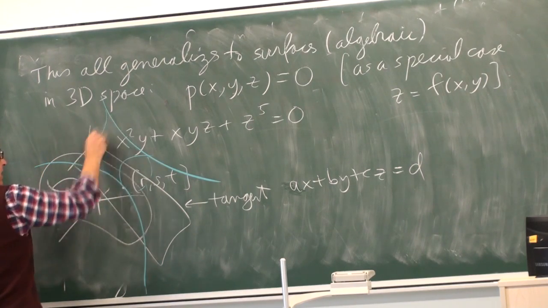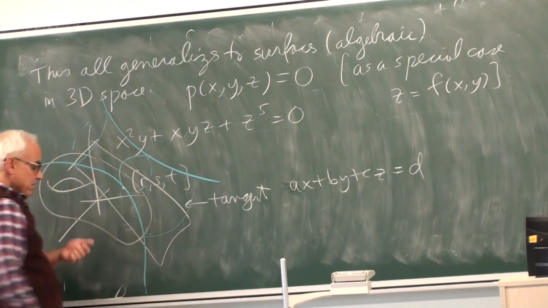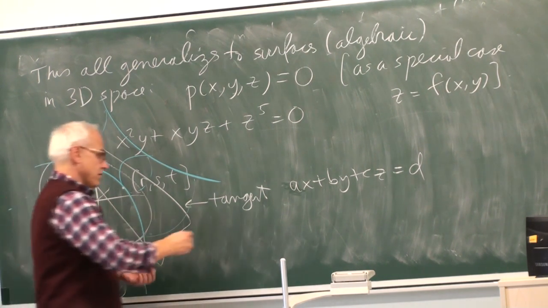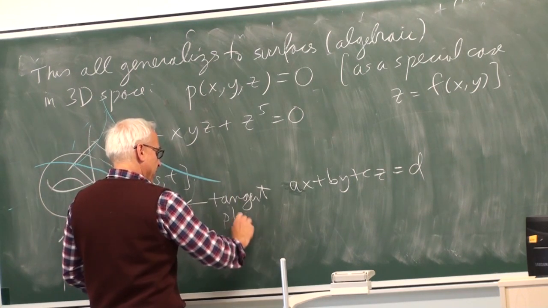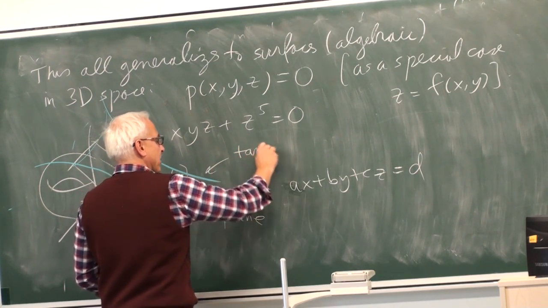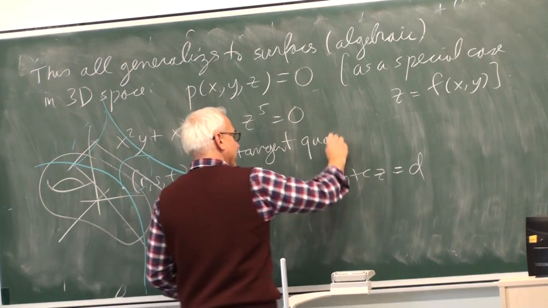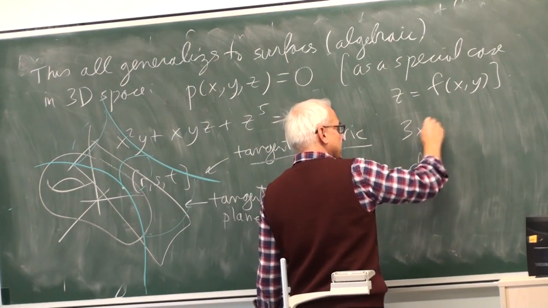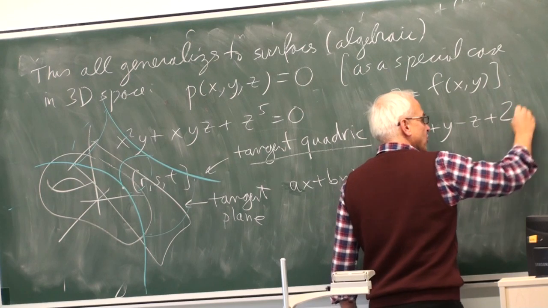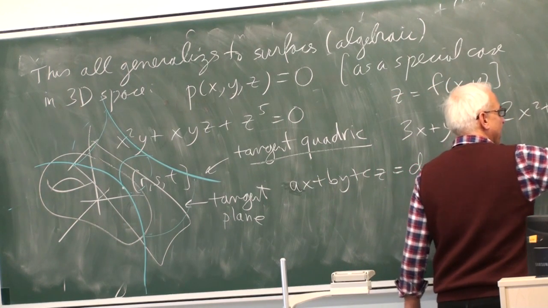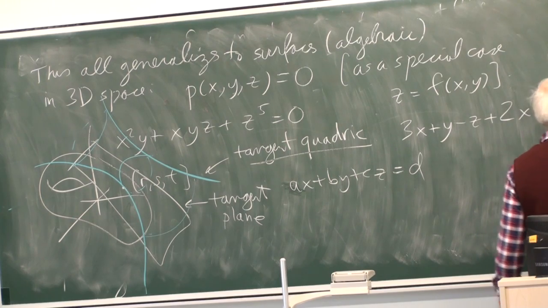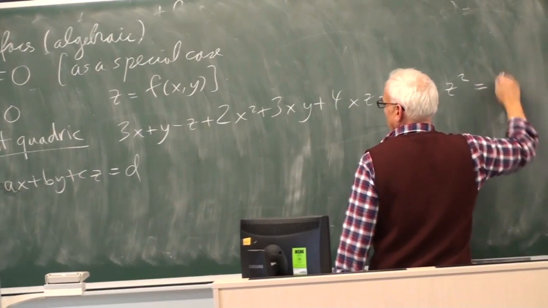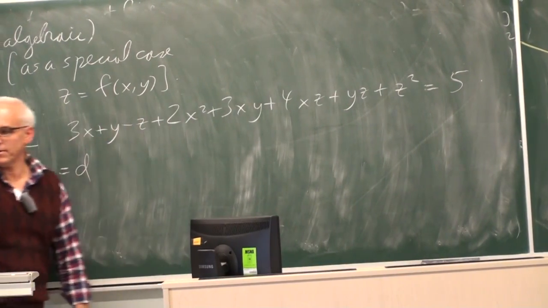Who knows what that'll look like? It might be a hyperboloid of revolution, for example. That's an example of a quadric. So the tangent plane is the analogue of the tangent line, and this would be the tangent quadric. That would have an equation something like 3x plus y minus z plus 2x squared plus 3xy plus 4xz plus yz plus z squared equals 5. Something like that. Something of degree 2.